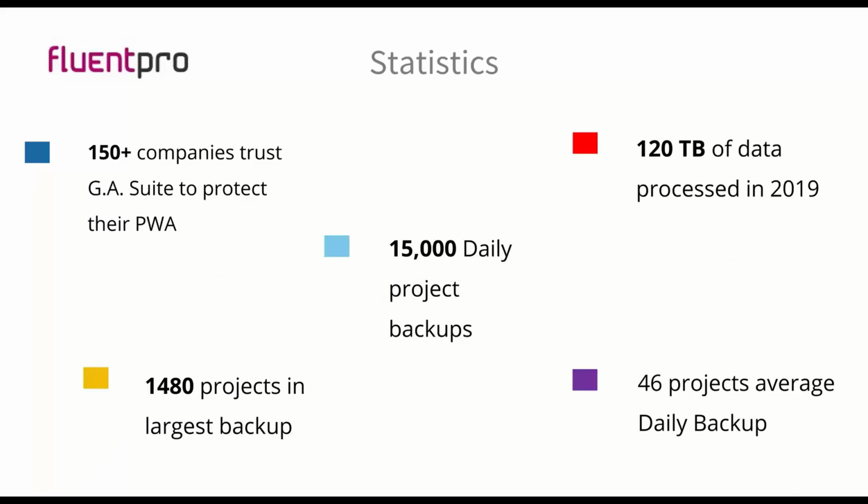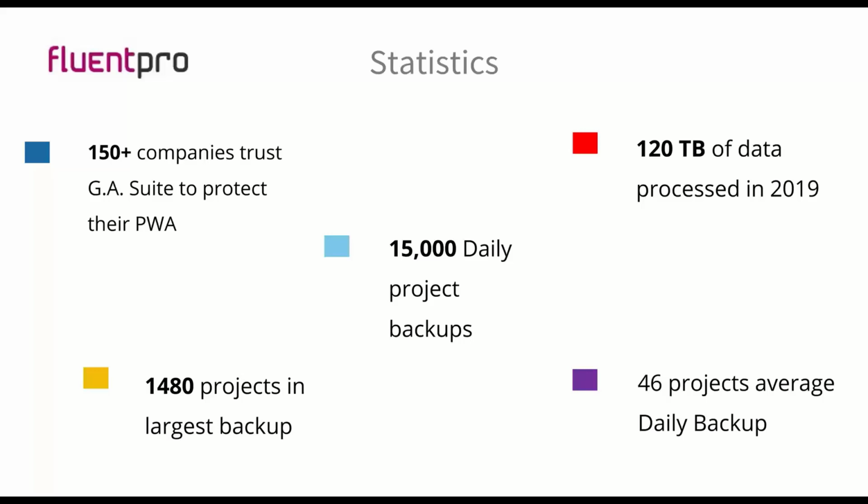Very quick slide. We are pretty proud of our software. It's widely used by large and medium-sized customers with Project Online. We have more than 150 customers that use our software for backup and for administration. We process thousands of daily backups, thousands of projects in the backups that we make every day.